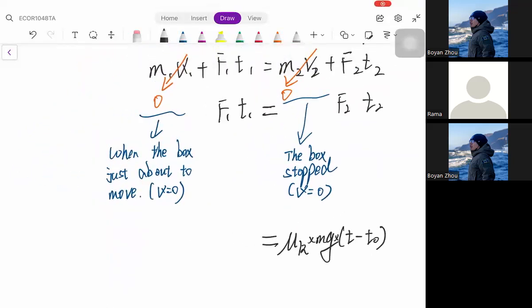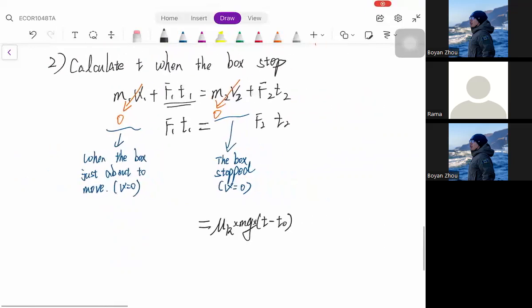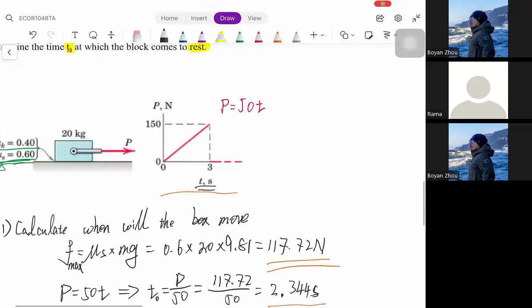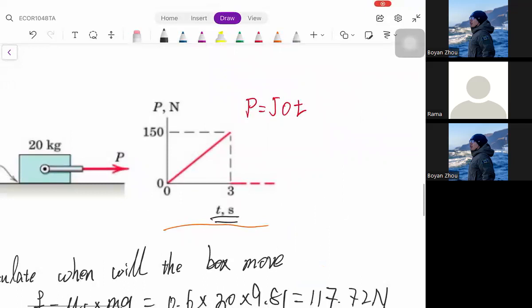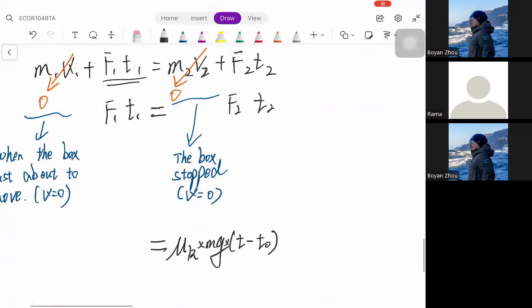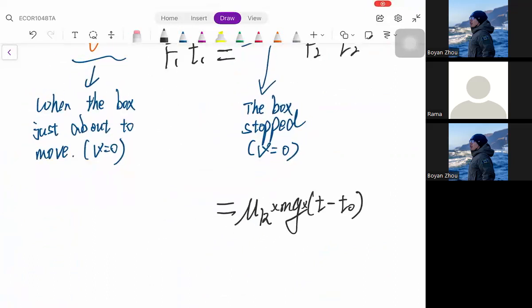And the first one, we're going to use the integration again, because here we notice that it's a function of time. So from here, we're just going to build up an integration. That is, we're integrating from when the box moves until we know there's no force applied to the box.